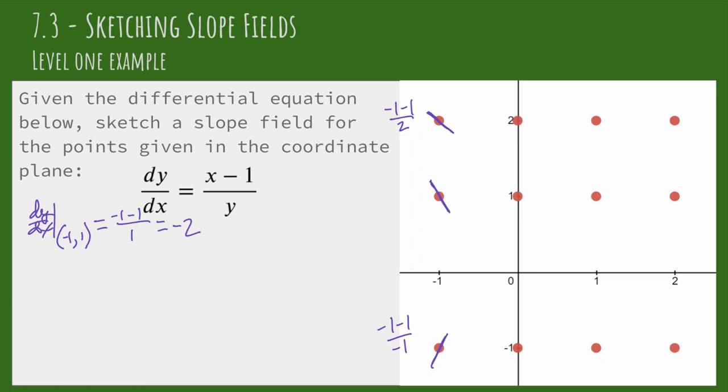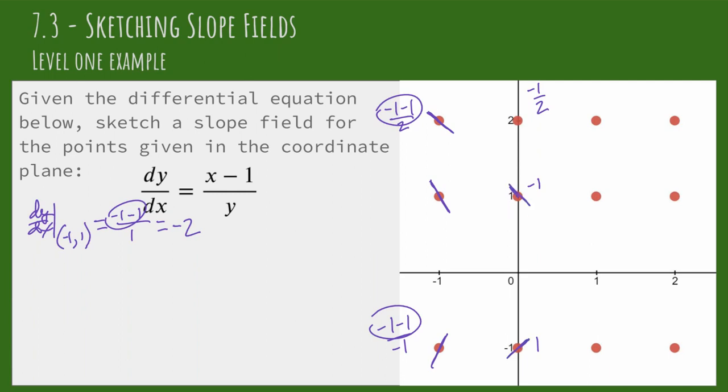Notice that we had a little bit of a pattern. All three of those at the same x coordinate all had a -2 in the numerator, and so we're just dividing by a different number in the denominator. Patterns like that are going to be really useful. So with all the points where x equals 0, we're going to get 0 minus 1, so we get -1 in the numerator, and then divide by the y value, so -1/2, -1 over 1, -1 over -1 is +1, and then we get our slopes that look like that.